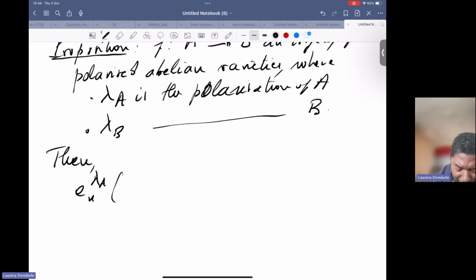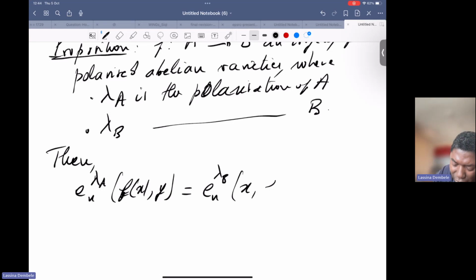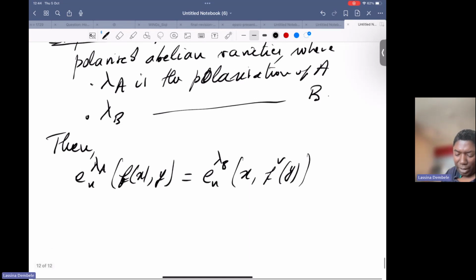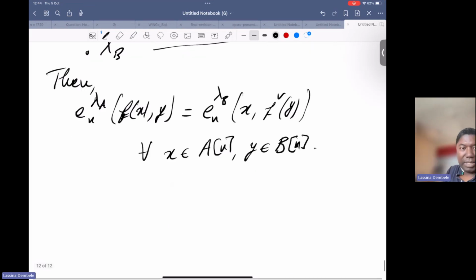If you take e_n lambda A of (f of x, y), then you get that this is e_n lambda B of (x, the dual of f applied to y).